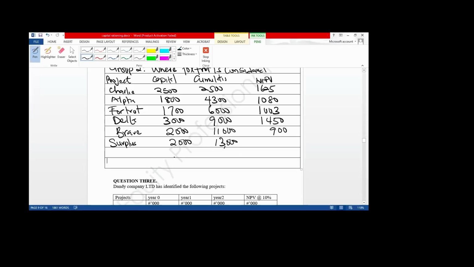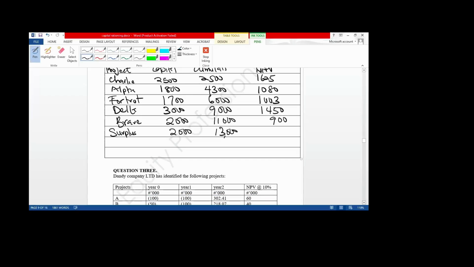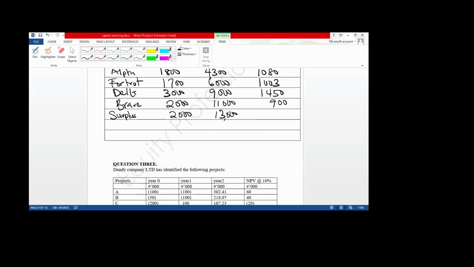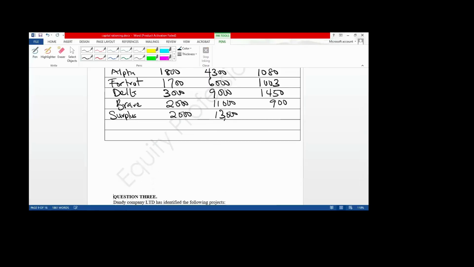Now, this surplus fund, examiner says you can reinvest it to get a return of 20%. Look at it here, please. Working: investment of surplus funds.